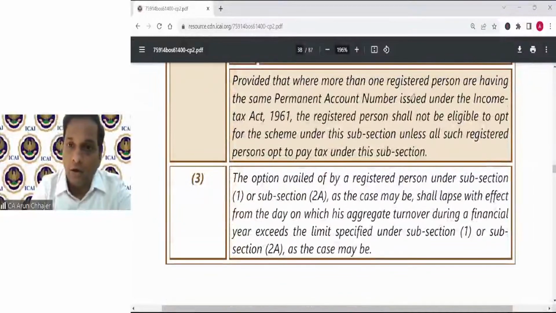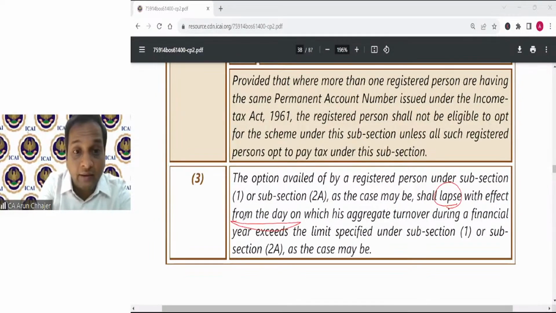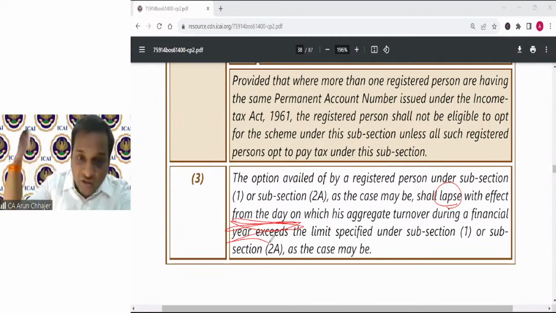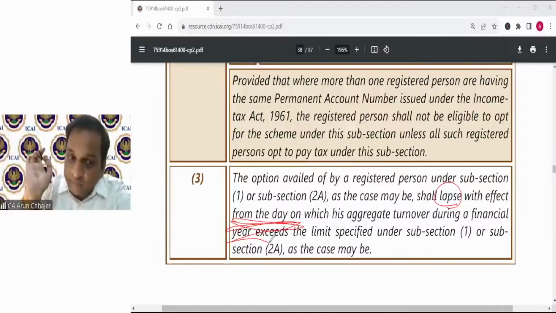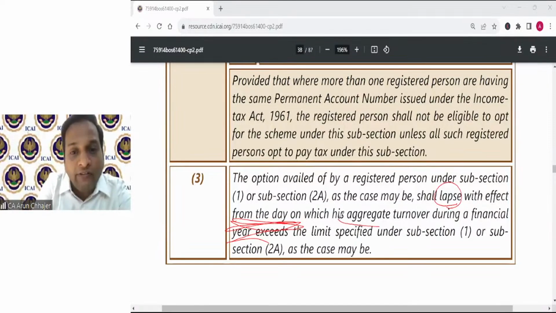The option to pay the tax under 10.1 or 10.2A shall lapse with effect from the day. They are not saying from next quarter or next year. No, they are saying immediately from the day on which aggregate turnover exceeds the limit.